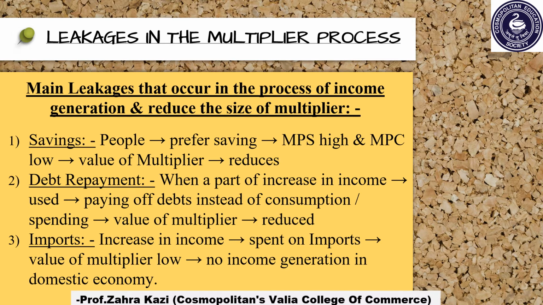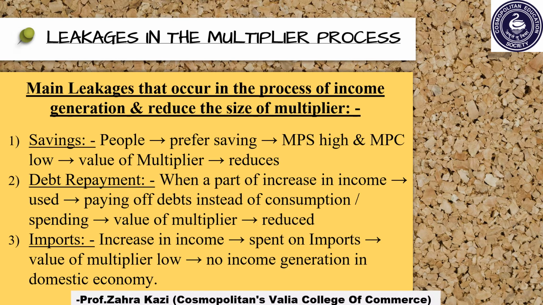Next factor is imports. If the country engages in excess of imports over exports, then the money is going out of our economy. So we say that there is an outflow of money from the domestic country to foreign countries. So in this case, what happens? There is a fall in income in the domestic country.